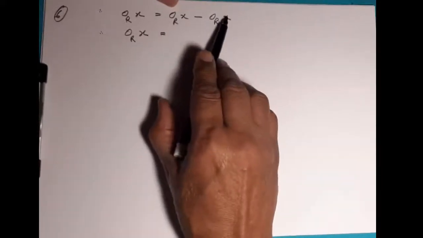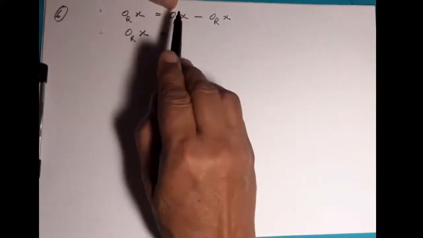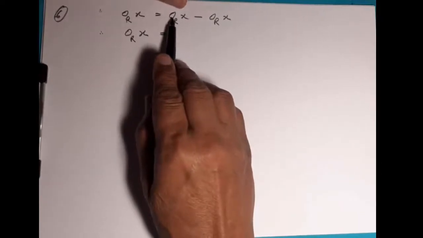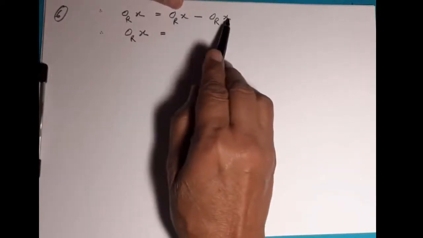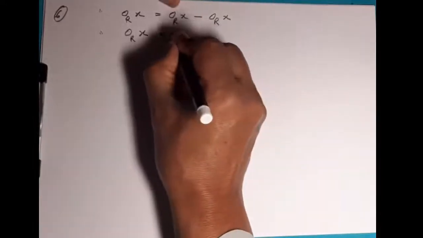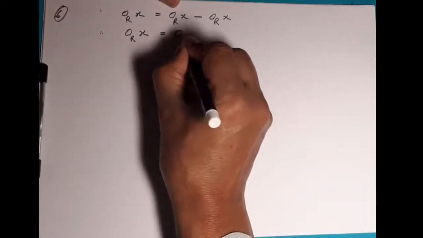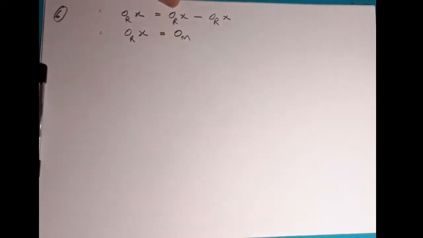This is again an element of the module. And when you add an element of a module with its additive inverse, the result will be 0 of the module. So this is a very important thing to note.